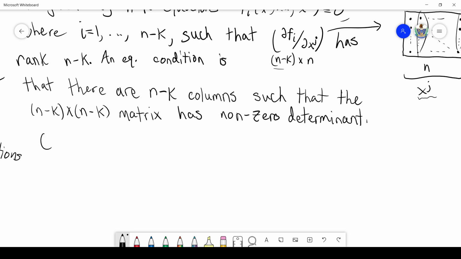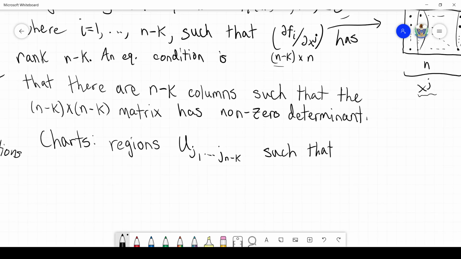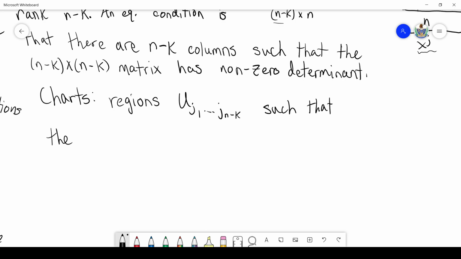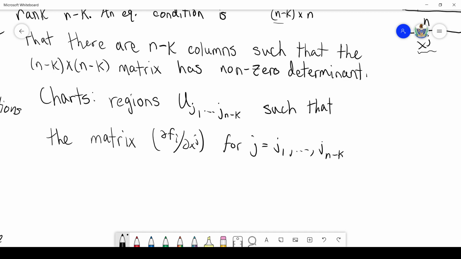So the charts, I won't go into the coordinate system on each chart, but the charts are given by regions U, they're denoted like this, such that the matrix, where J is equal to these n minus k J values.